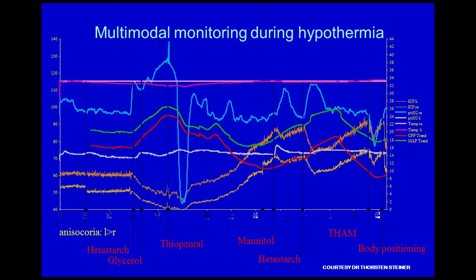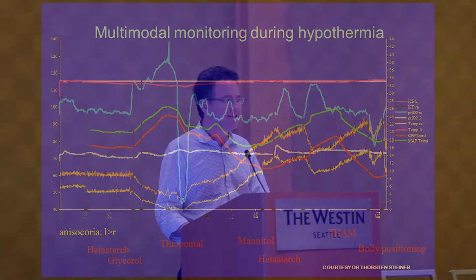And the point's been made many times tonight, I don't want to belabor it, that there are problems with having riches of different forms of information, right? When you've got brain multimodality monitoring and you see all the lines and the squiggles and the beeping lights and everything else, how do you begin to make sense of all that information?